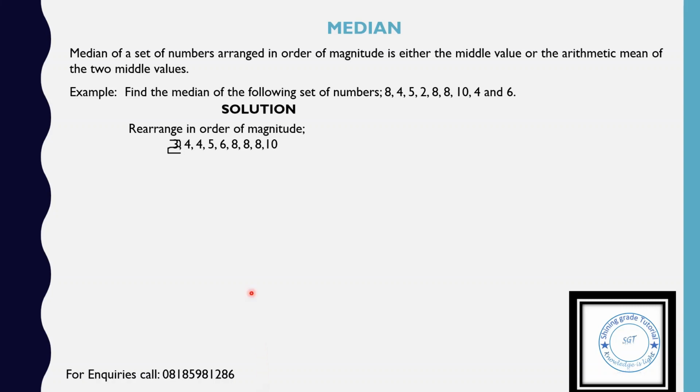So we have 2 being the lowest. How many 4s do we have? We have 4 to be the next, and 4. We have 5 to be the next, and we have 6 to be the next. Then we have 8, 8, okay, 3 eights, and we have 10. Just arrange them well. So how many are they? 1, 2, 3, 4, 5, 6, 7, 8, 9.